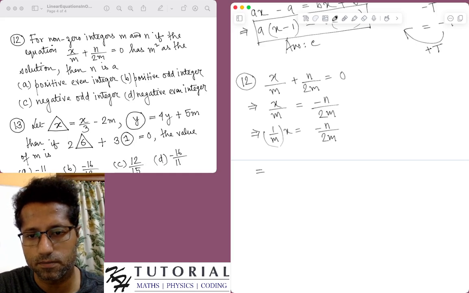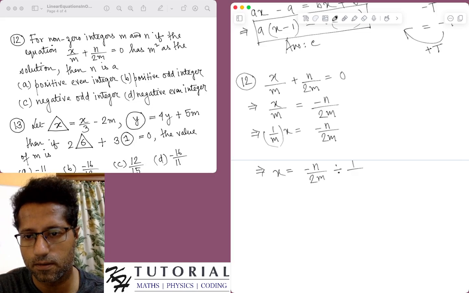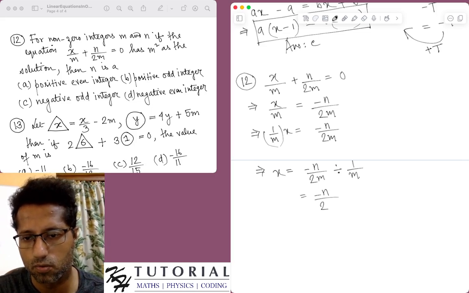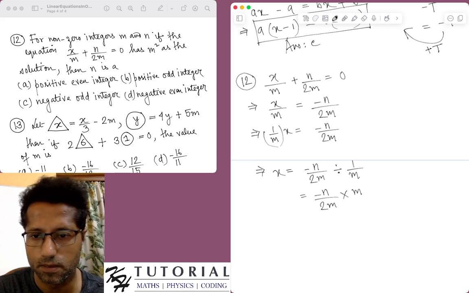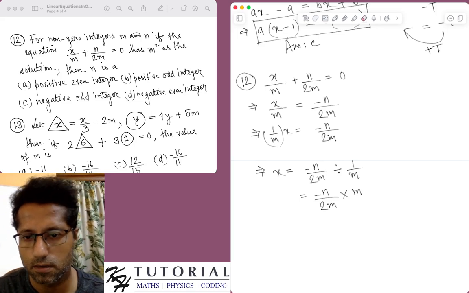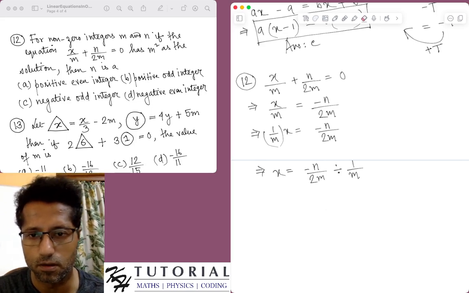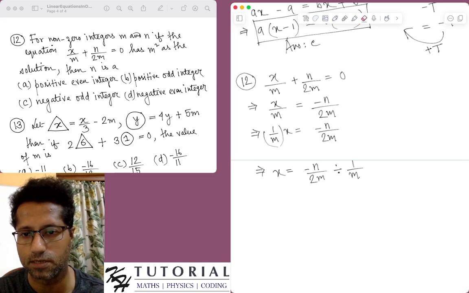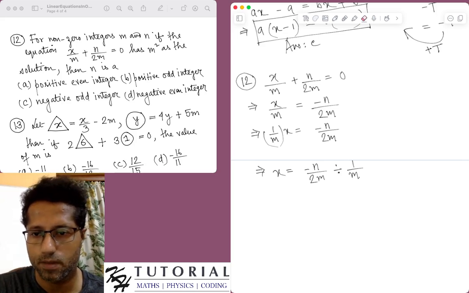So this implies x equals minus n by 2m divided by 1 by m. This is nothing but minus n by 2m multiplied by m. Sorry, I made a mistake. It was 1 by m multiplied by x equals minus n by 2m.